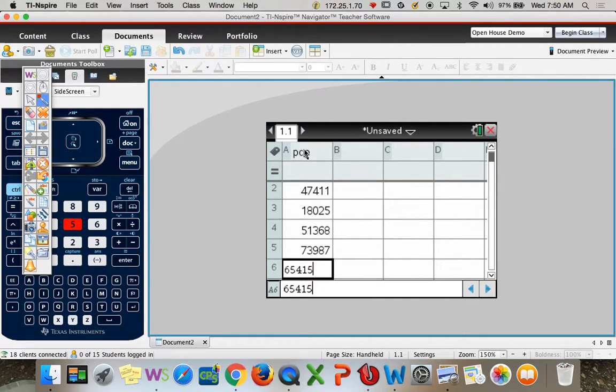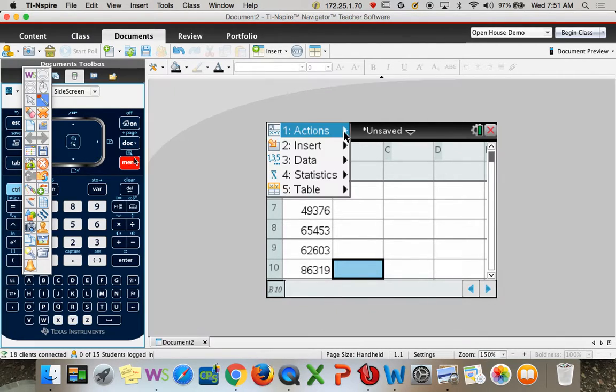Maple Grove was 65,415. Edina was 49,376. Eagan is 65,453. Eden Prairie is 62,603. And Bloomington was 86,319. Go to a cell that's not on your list.